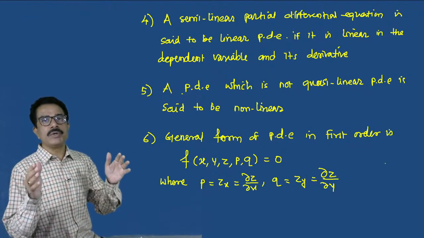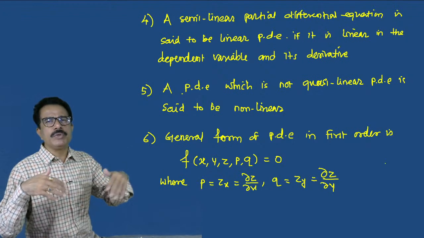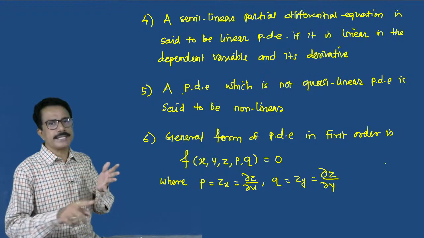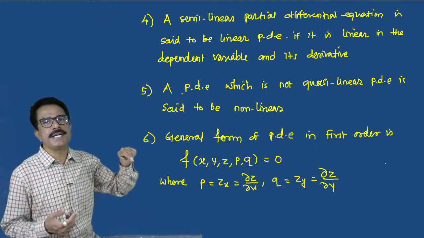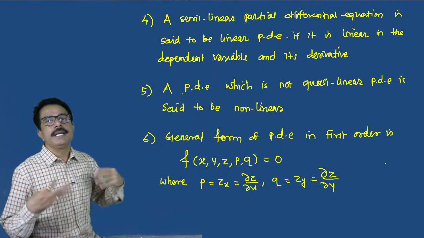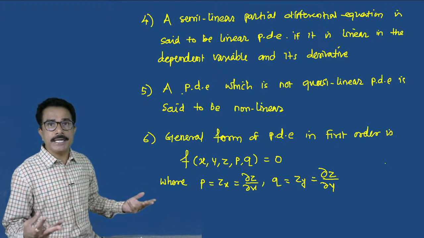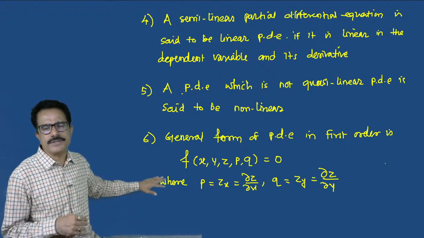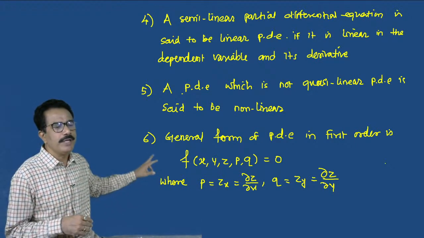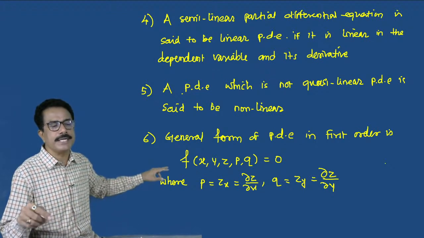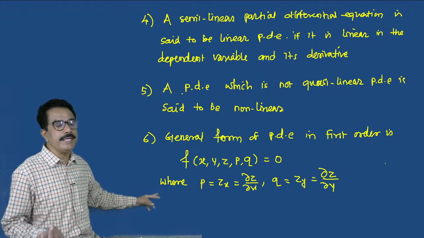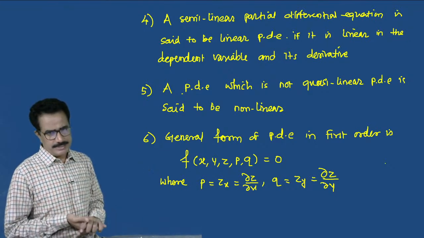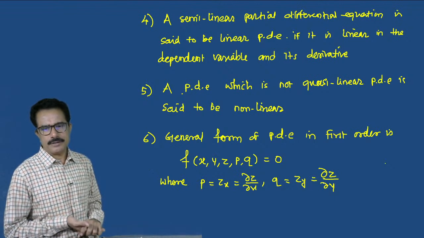Generally, we are using maximum 3-dimensional geometry along x-axis, y-axis, z-axis. Generally z is considered as the dependent variable, x and y as independent variables. So the general form of a first order partial differential equation we can express as f of x, y, z, p, q, where p equals zx and q equals zy.